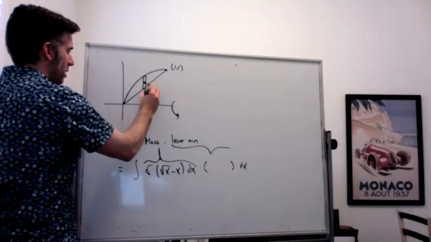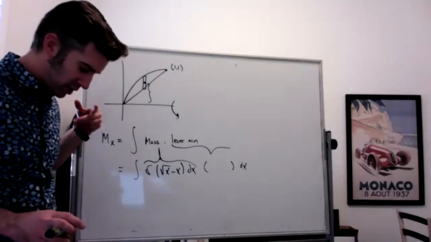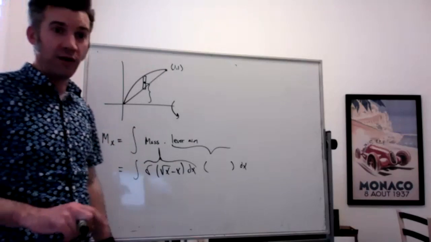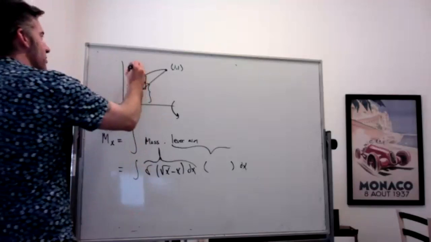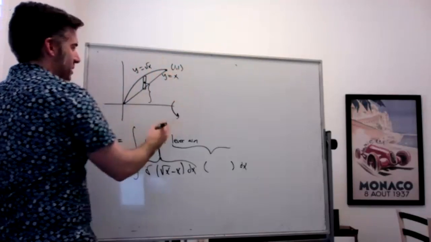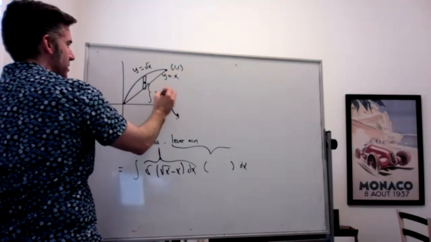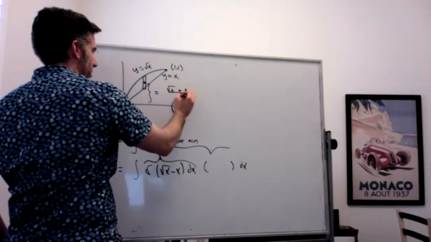So how do I find how high it is? Well, I'm midway between two functions. I'm at the midpoint of two functions. I'm at the average of two functions. So this function being y equal to the square root of x, and this lower function being y equal to x, this height is the square root of x plus x divided by 2.